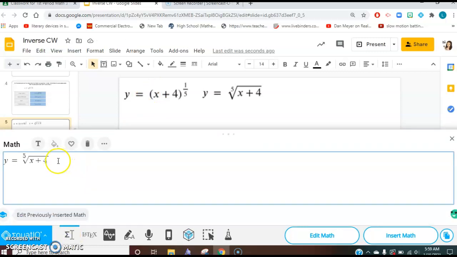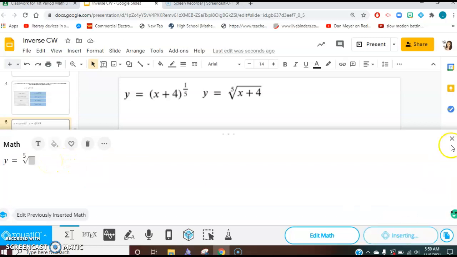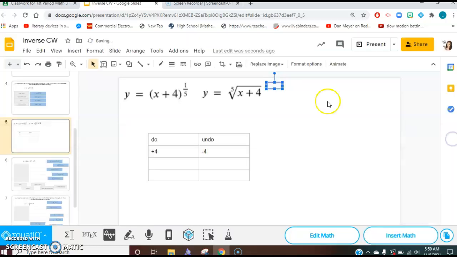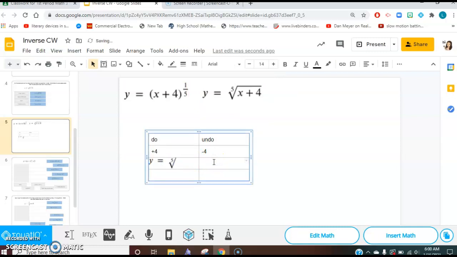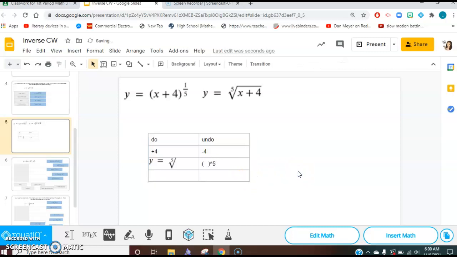And that fifth root, the opposite of taking the fifth root is to raise this to the fifth power. The opposite of a root is a power. So that's why square roots count as exponent steps, because the opposite is an exponent.